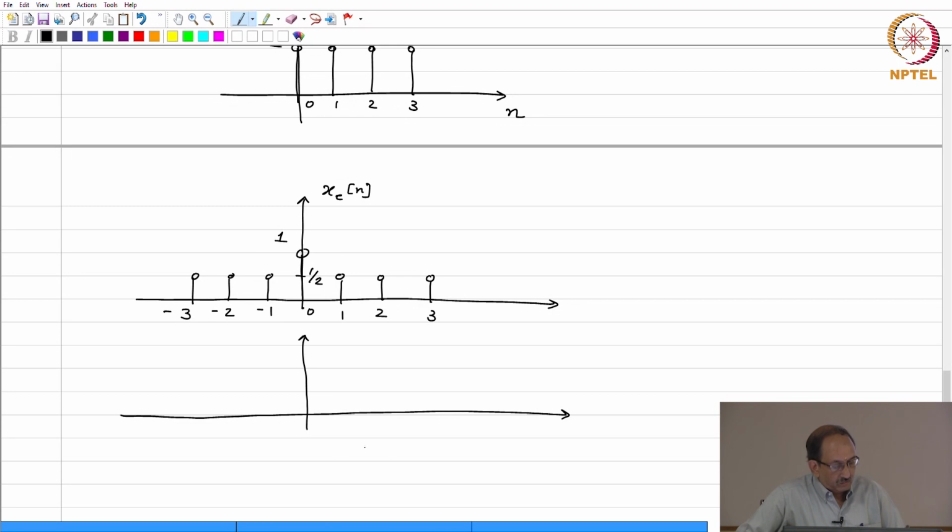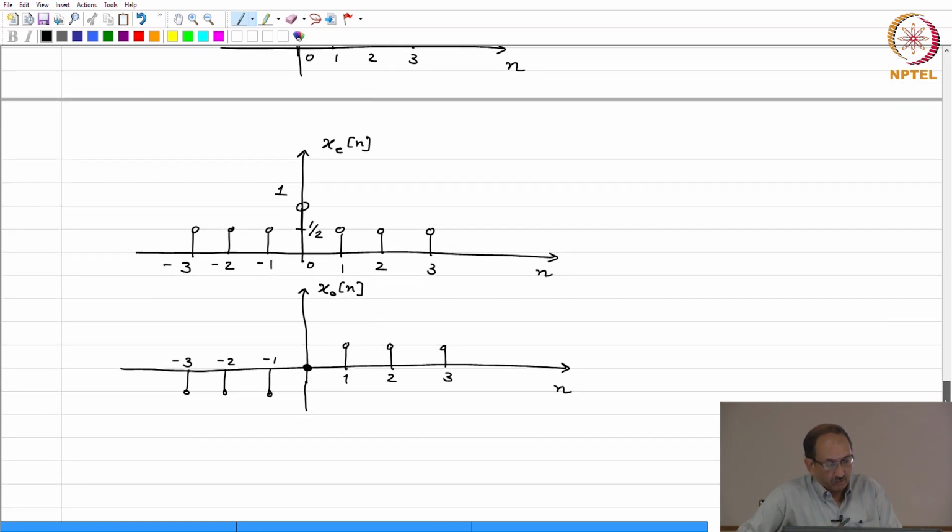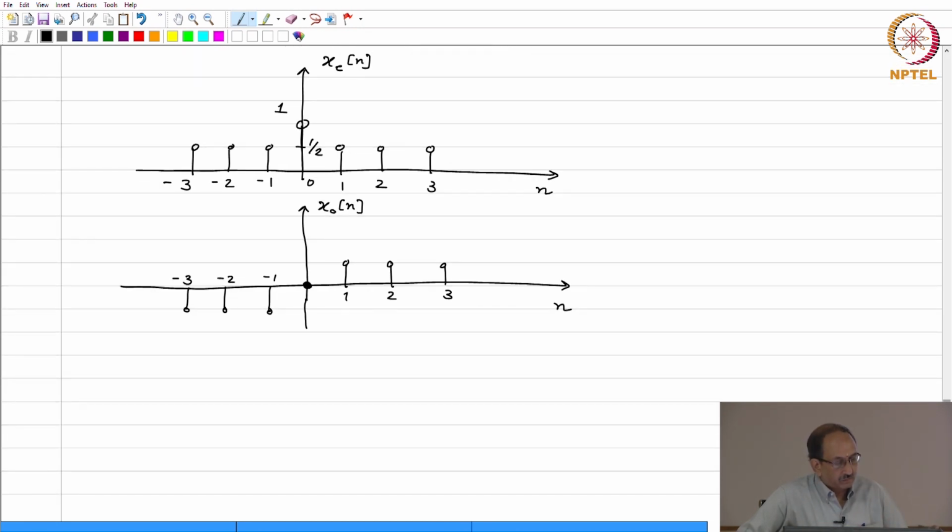In the corresponding odd part, the sample value at 0 will always be 0, and this is the odd part. If you add x_e plus x_o, you get back your original signal. There is nothing surprising here.